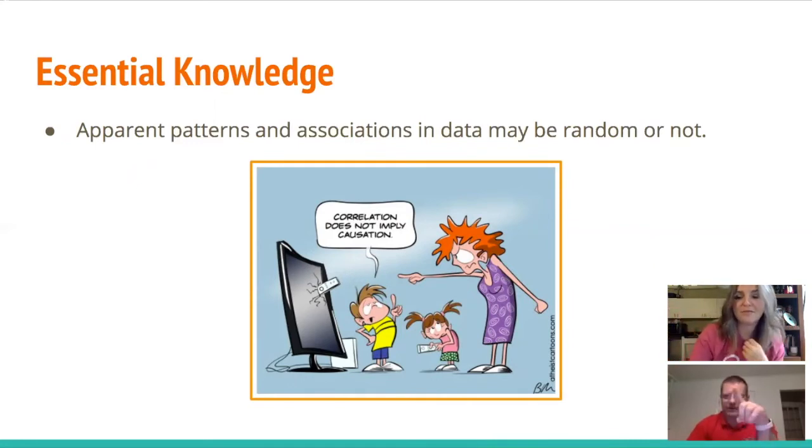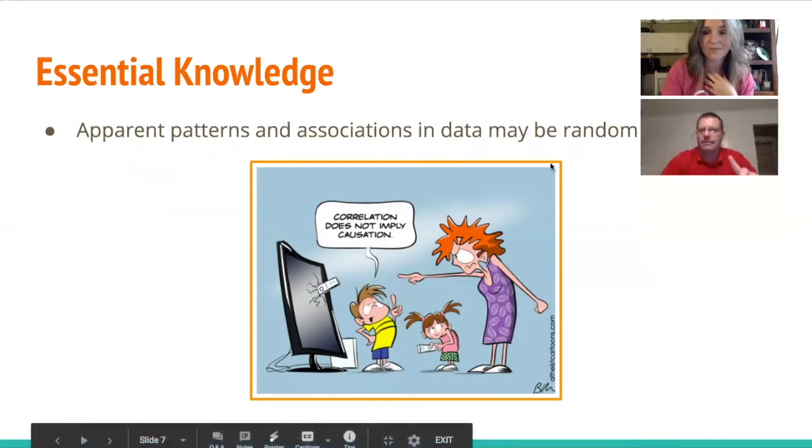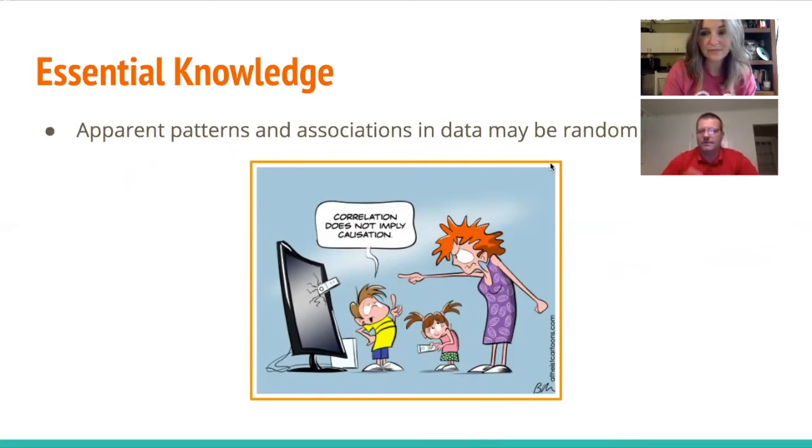And unfortunately, a lot of what you see and hear and read, either on the news or on the internet, they forget this, okay? Yes. As a statistician, just because we get two pieces of data that seem to be related doesn't mean that one thing is directly the cause of the other. Right. So that's the crux of what we're looking at here.